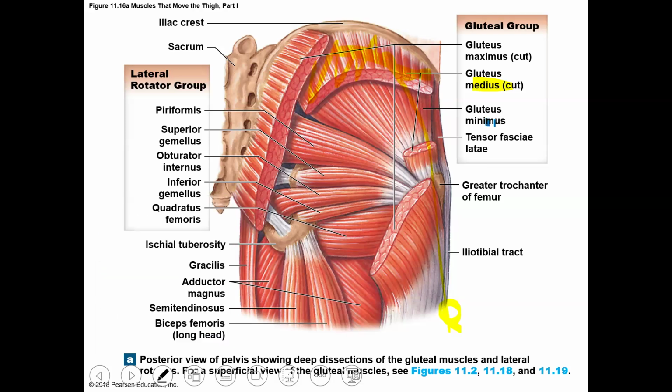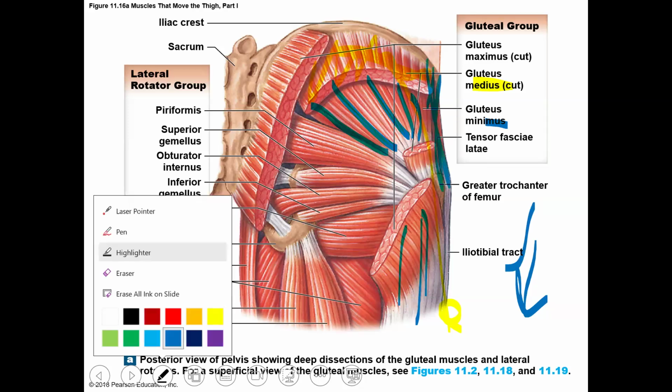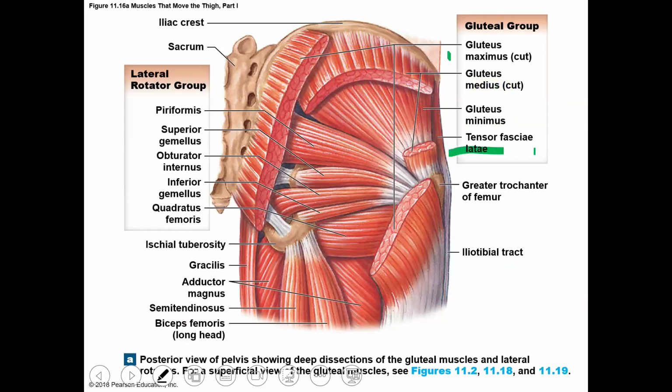And then we can see glute minimus underneath that. So glute max, glute med, glute min. Iliotibial tract here, and we're going to see TFL become right here. Let me move some stuff. There you go. So TFL is going to become that iliotibial tract. Okay.